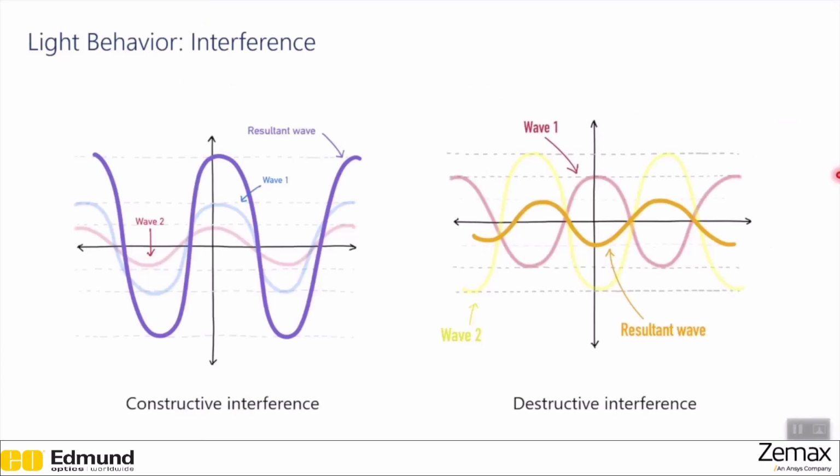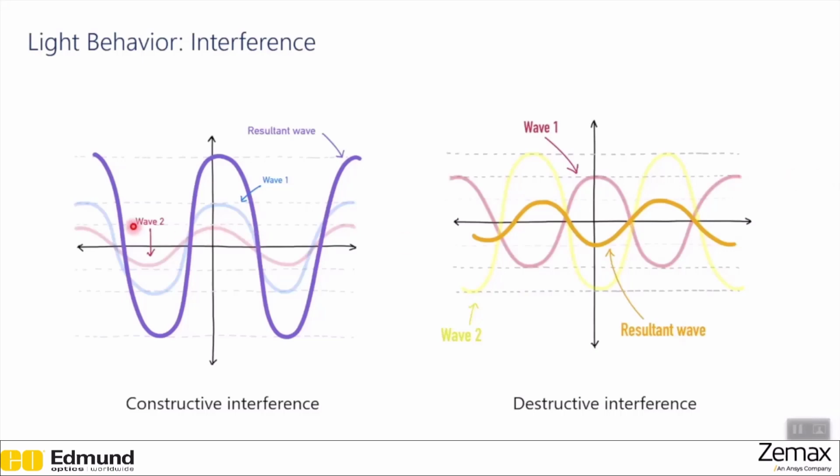Here we can visualize what constructive interference and destructive interference look like. In these two images, the dark purple line is the resultant wave for the constructive interference, and the dark orange line is the resultant wave for the destructive interference, and those faded lines are going to be the two component waves which are combining.